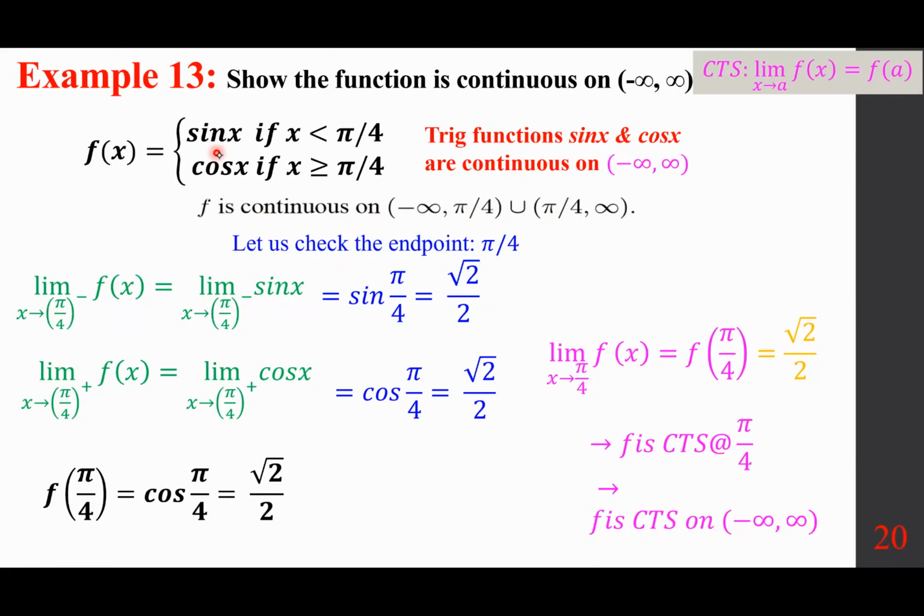Sine and cosine, they are both continuous from negative to positive infinity. The limitation from the piecewise defined function makes sine continuous from negative infinity to pi over 4, cosine from pi over 4 to infinity. And so this is the answer, and the endpoint pi over 4 must be checked. We just checked it.